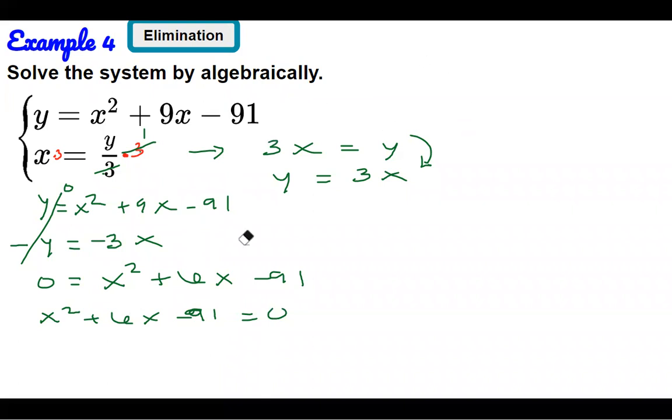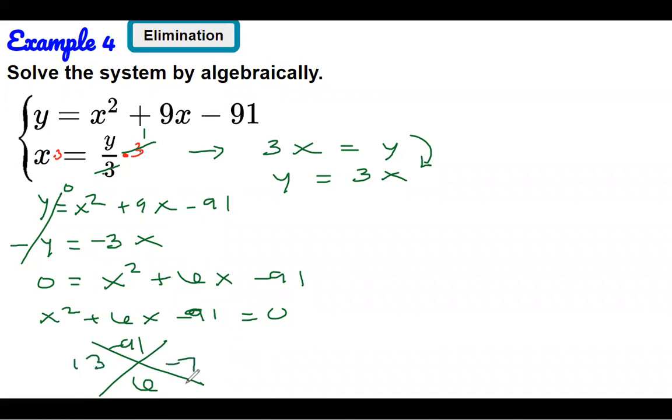Can you guys factor it? A ver, factor it, pues. Two factors, negative 91 and 6. What are my factors? So 7, 13, positive 13, negative 7.